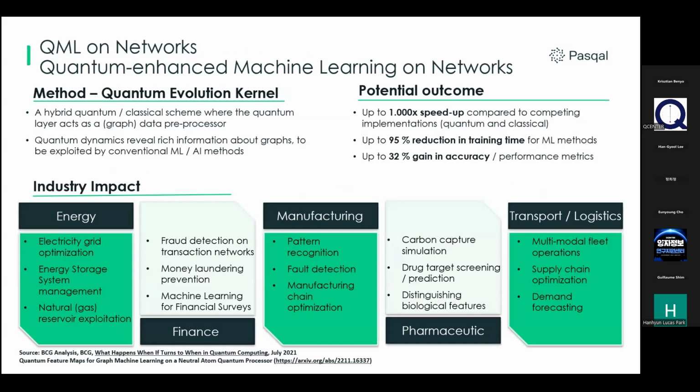And this is what we are going to leverage with the method that I'm about to present. The method in particular is called quantum evolution kernel. This has been developed by our Pasqal scientists, so you have quite a few publications associated with it.